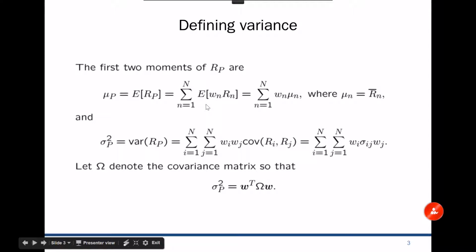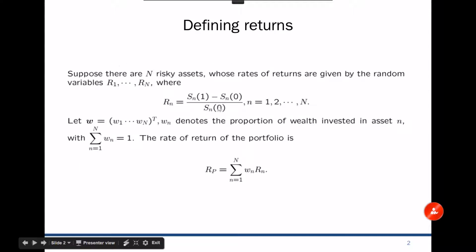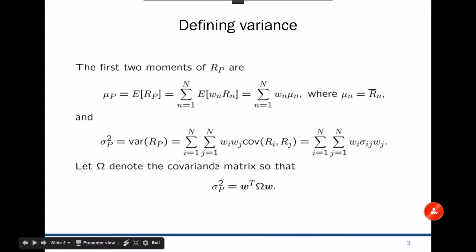Okay, so it's a return. Now variance. In order to define variance, we have to define mean first. Usually we call mean and variance the first and second moments. So the first two moments of RP, again RP is the portfolio return.